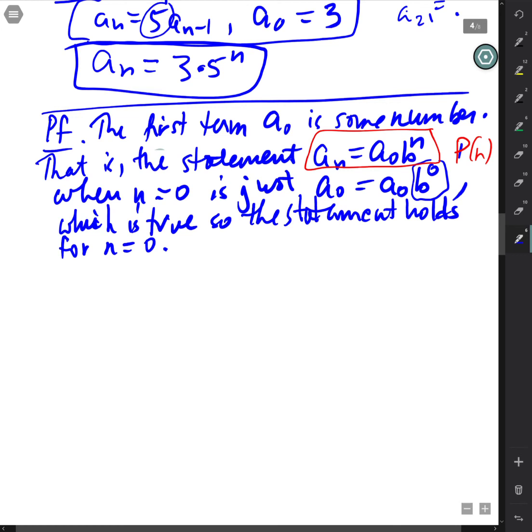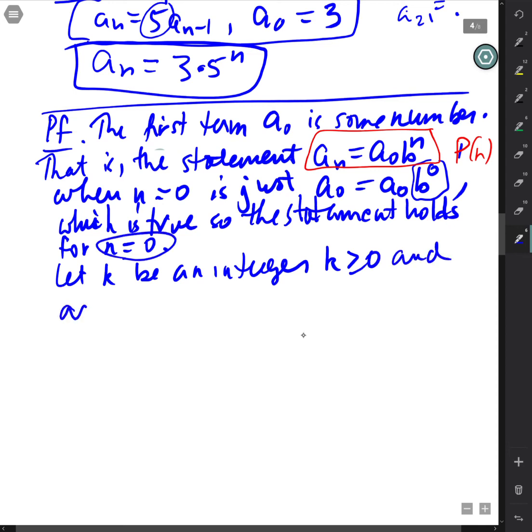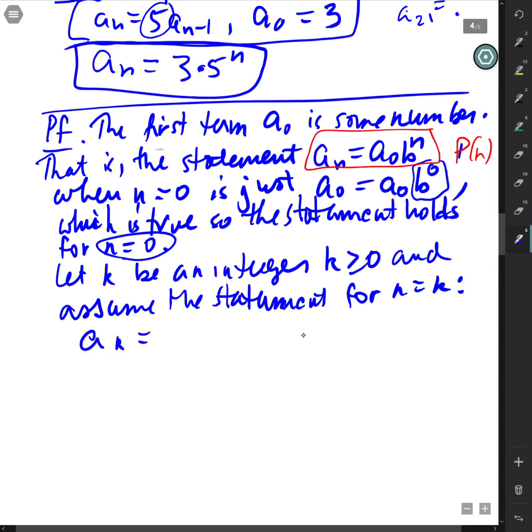So now let k be an integer, k greater than or equal to 0. Why? Because I started at 0, not at 1 here. And assume the statement for n equal k, that is a_k is equal to a_0 b to the k.